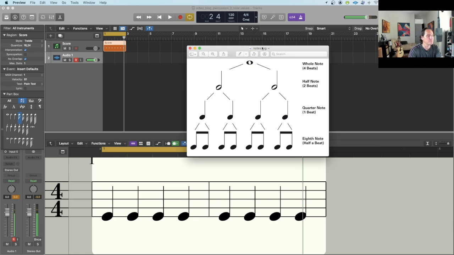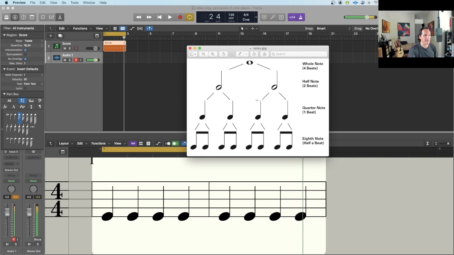So if a beat is going to be equal to a quarter note because we're assigning it that value of 4, 4/4, and we look down here in the chart, here is our 1 beat. And those are our quarter notes. So the quarter notes are going to be the hit of the beat. 1, 2, 3, 4.